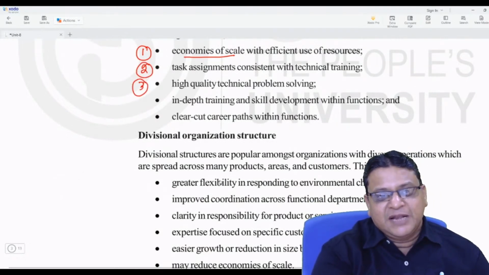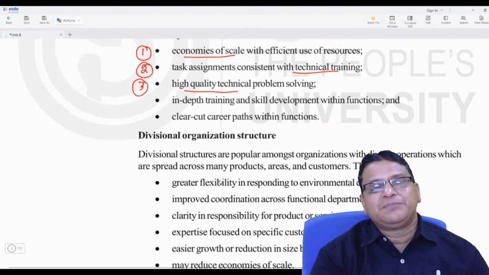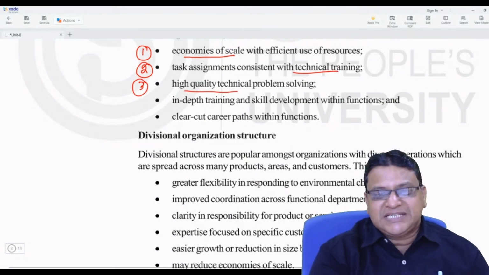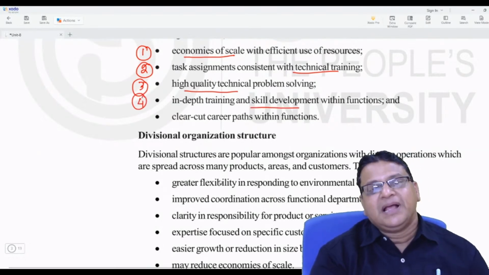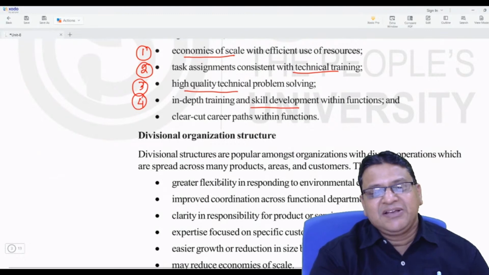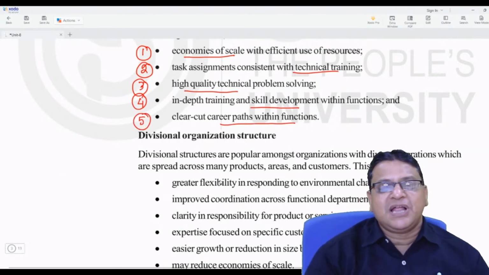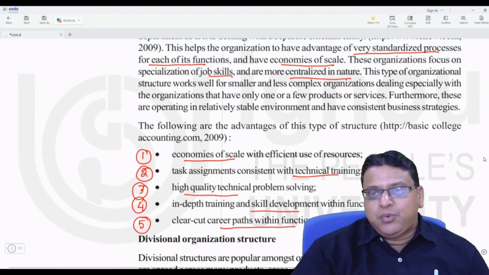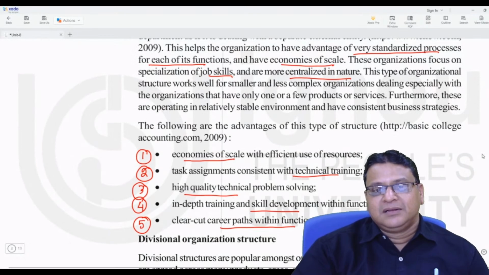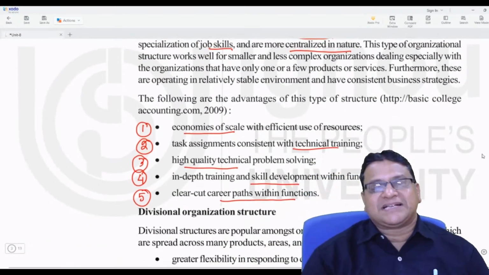This structure helps in high quality technical problem solving skill. This structure helps in skill development. This structure has a clear cut path within the functions. Now, the functional organizational structure is suitable only when the work is small and less complex.